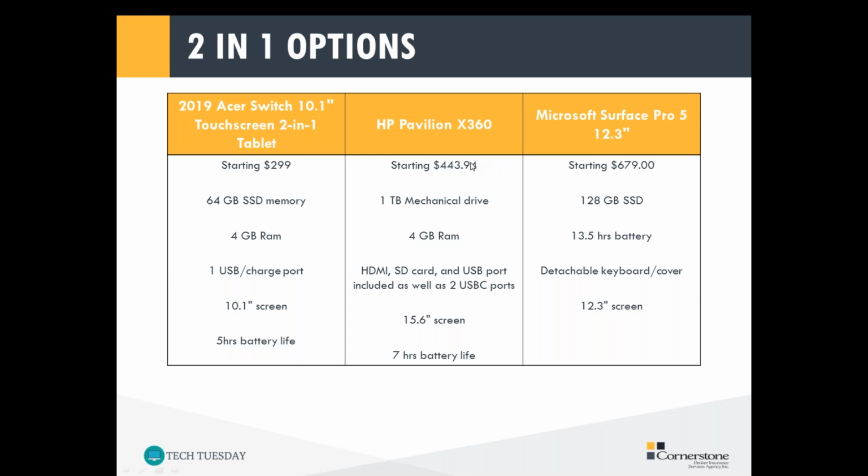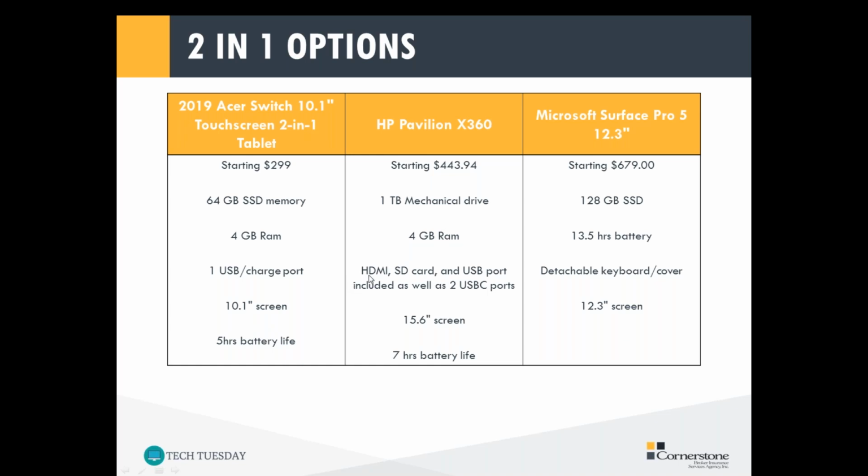The next price point, which is really probably the best value for what you're getting, is the HP Pavilion 360. That starts at 443.94 and has a 1 terabyte mechanical drive, not a solid state. But you have a lot more memory. It also makes the computer a little bit heavier. You've got 4 gigs of RAM, so it's very comparable speed to the Acer Switch, and it has a lot of different ports available.